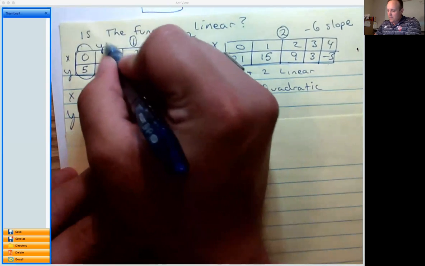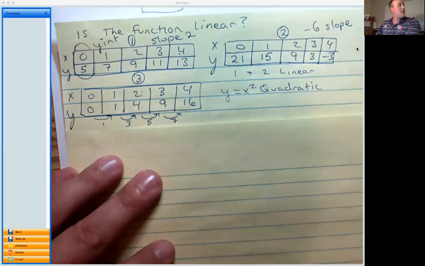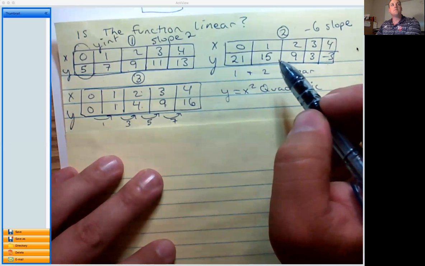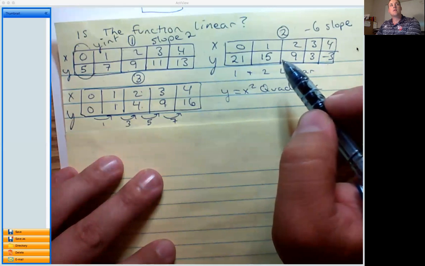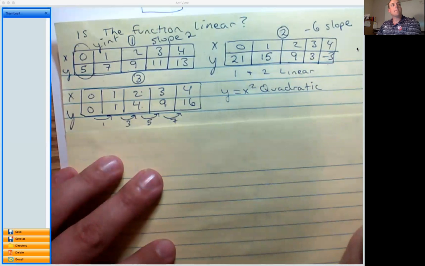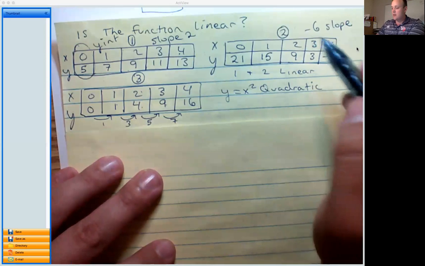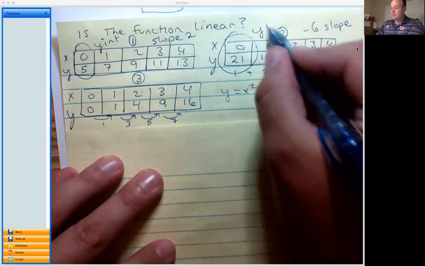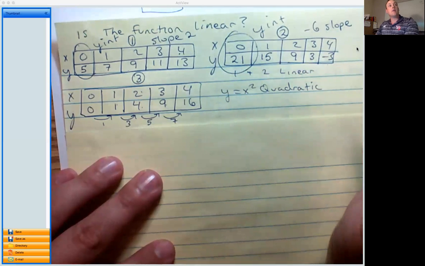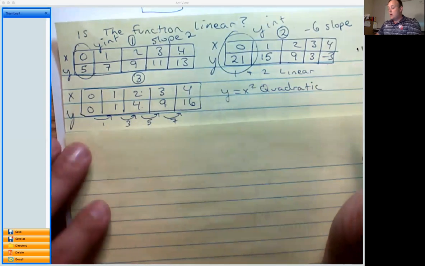Sammy Lou, could you help us with the y-intercept for question 2? Madison? 21. That's our y-intercept, where x is 0.